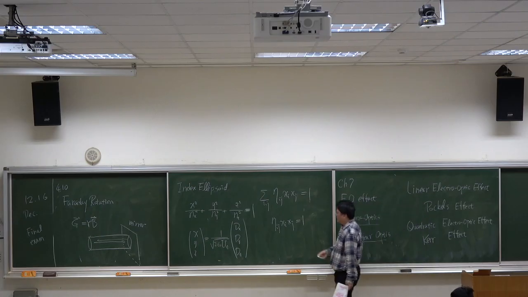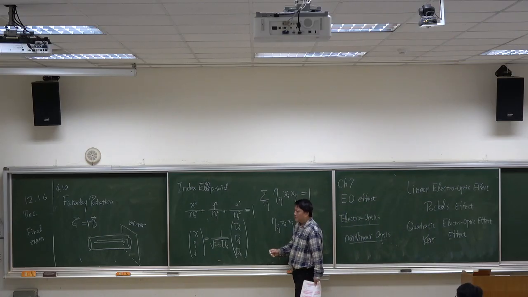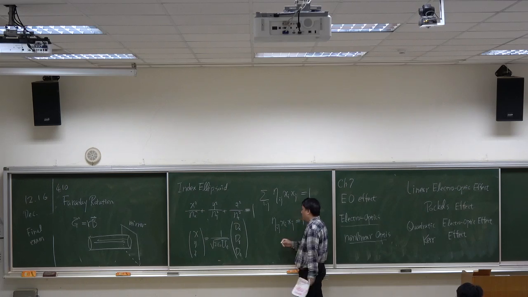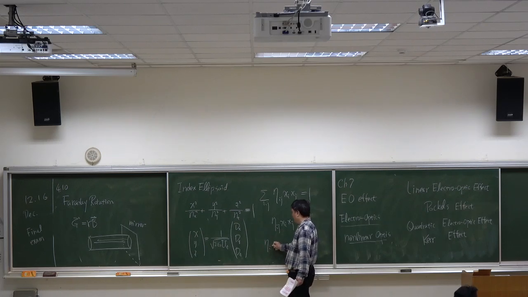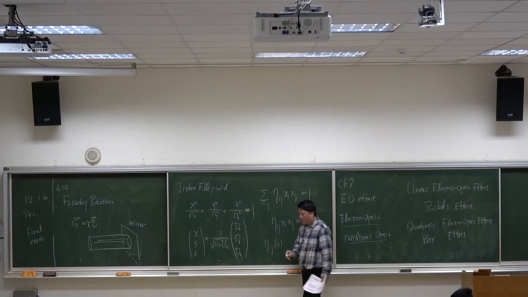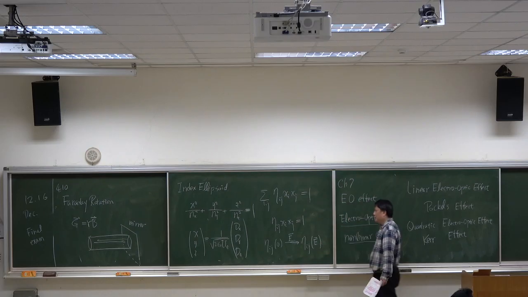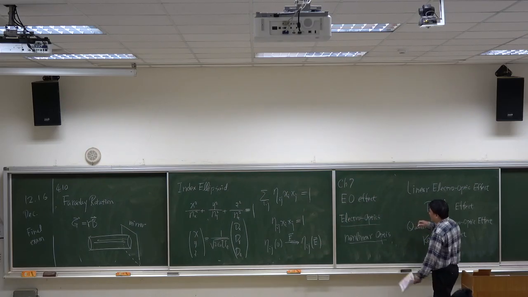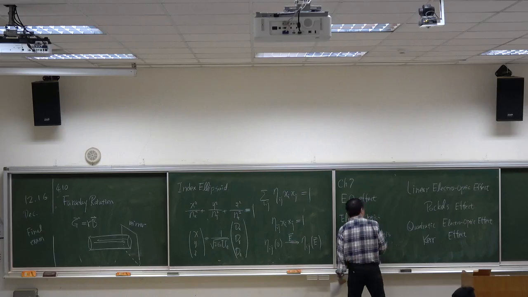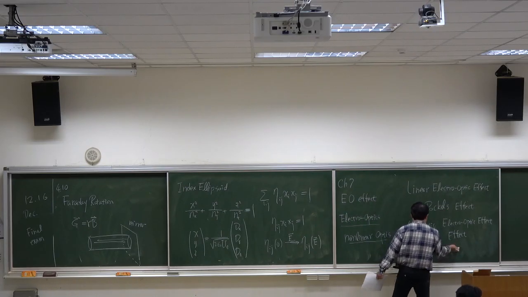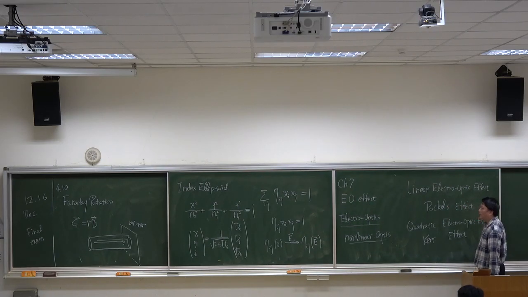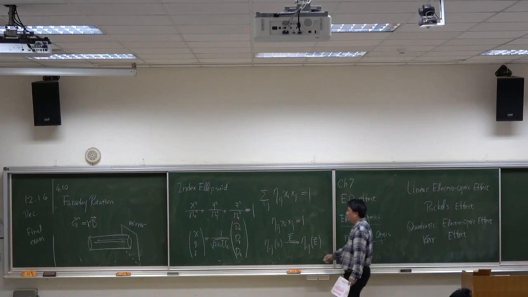Now we discuss what is the influence of the applied electric field. We originally have eta ij of 0. Then we apply electric field E to find the final eta ij of E. This modification was called Pockels effect or Kerr effect.